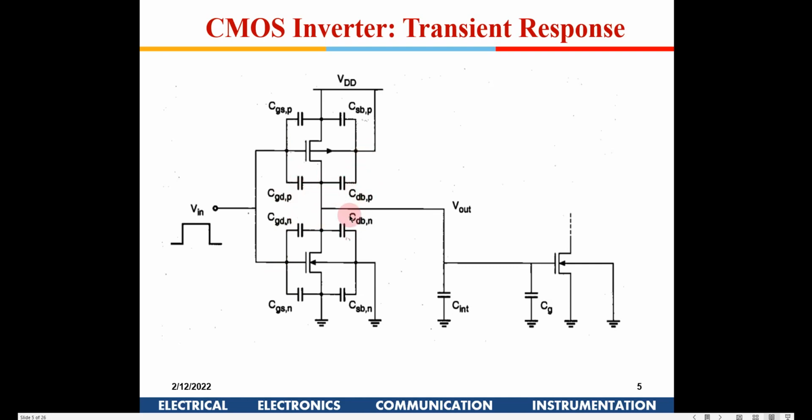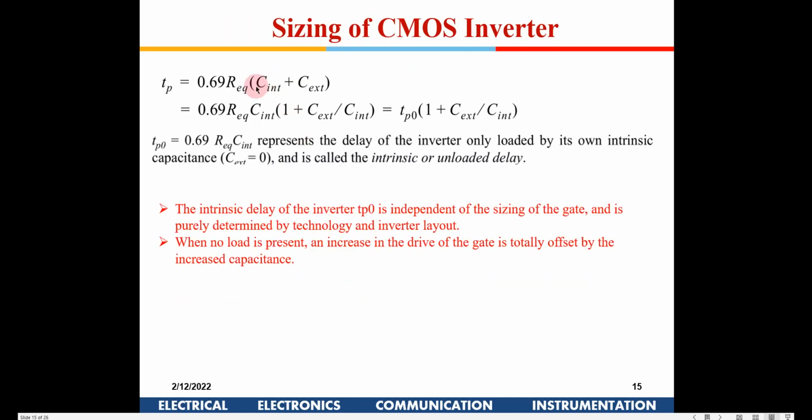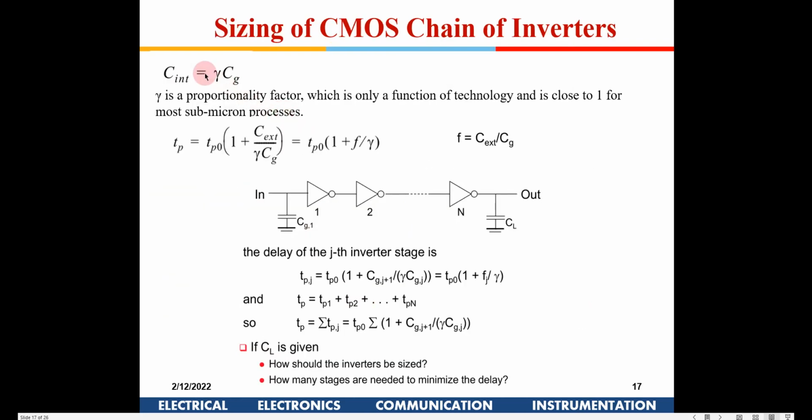Together, in parallel, they are known as C internal. Now we are saying C internal is a function of the gate capacitance, gamma, and for most technologies in the submicron process, this is close to 1. That is, the total net capacitance at the output node is equal to the gate capacitance.